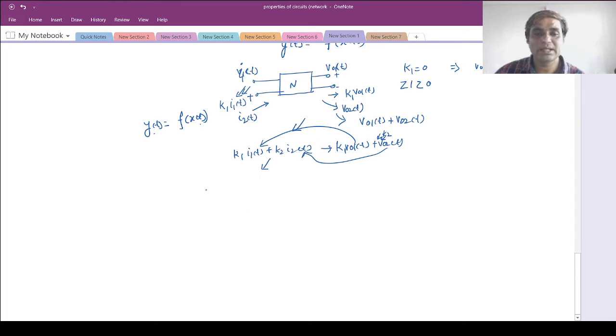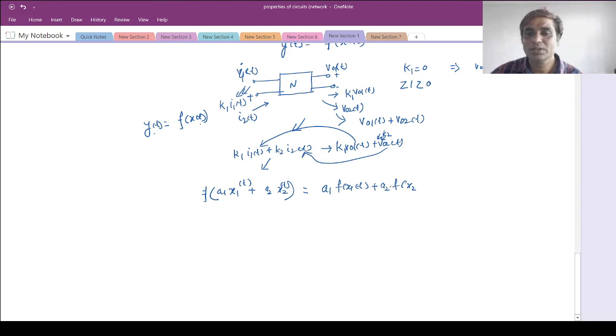In general, the operation on the two inputs x1 of t and x2 of t, scaled with amounts a1 and a2, if the system is linear, should be equal to a1 times f of x1 of t, plus a2 times f of x2 of t, where f is the operation you are doing or the relation between input and output.